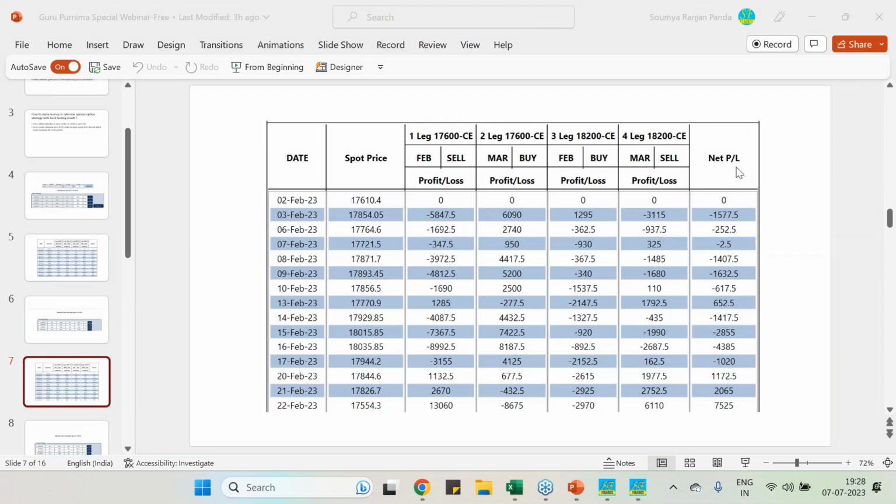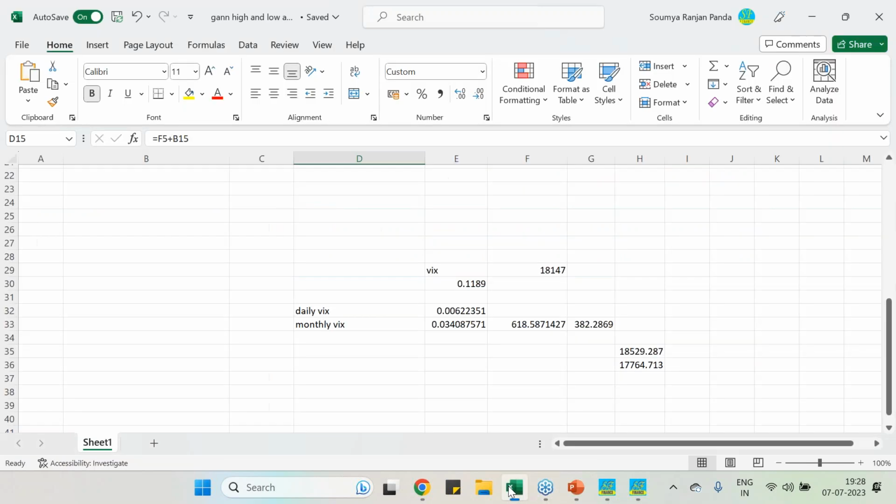You need not initiate it and sit till the end of the month. What you can do, using VIX, calculate how many price points you are expected to move in this month. This month 618 आपने देखे, 618 was calculated, 620 points we moved. It won't move more than that.